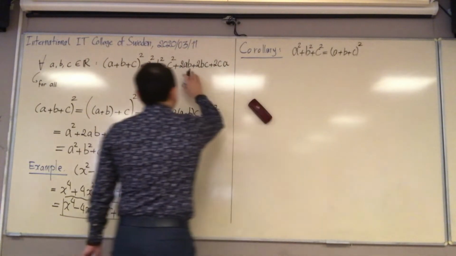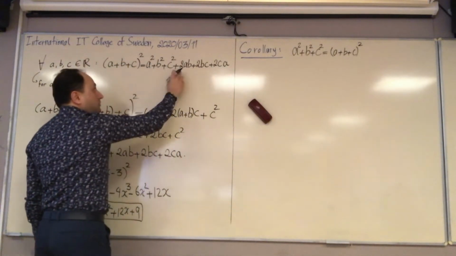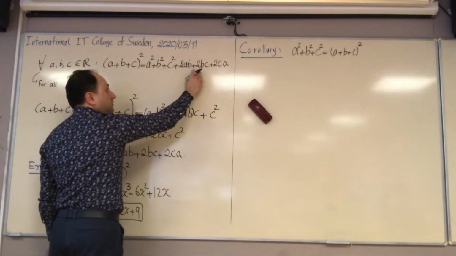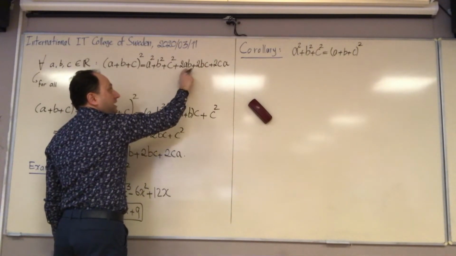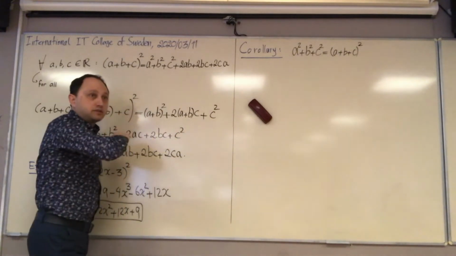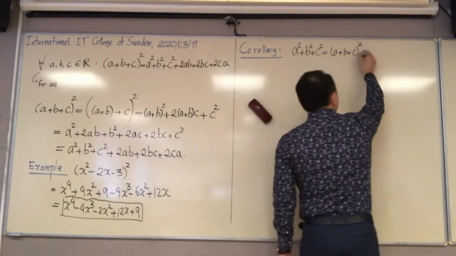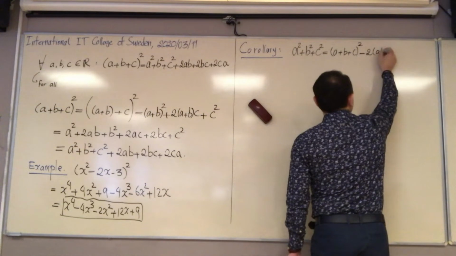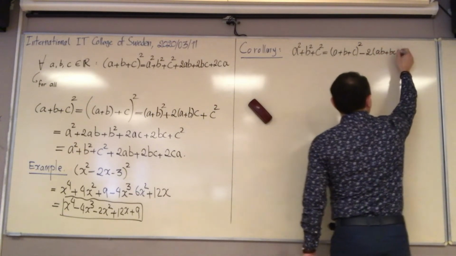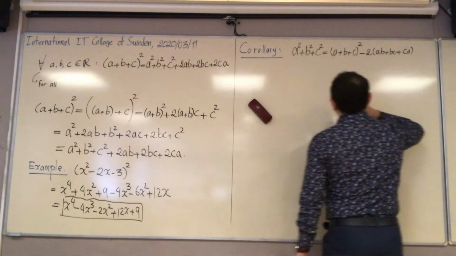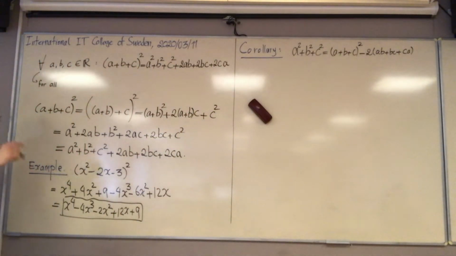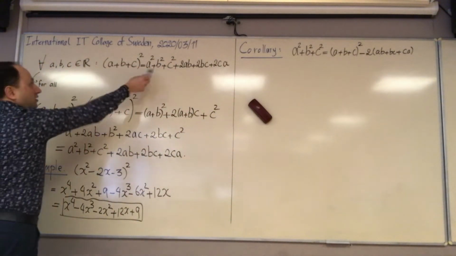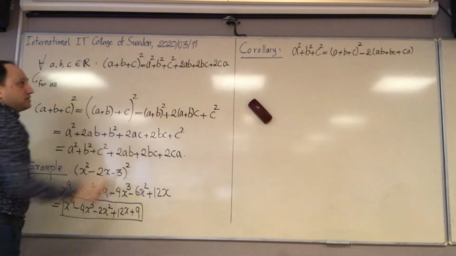Then I move these terms to the left, it becomes negative 2ab, negative 2bc, and negative 2ca. But all of them share a factor of 2, so I can factor it out. So it becomes negative 2 times (ab plus bc plus ca). Yes? So this is also good to remember. Not memorize, because the identity is enough to memorize, but you can immediately understand that yourself.